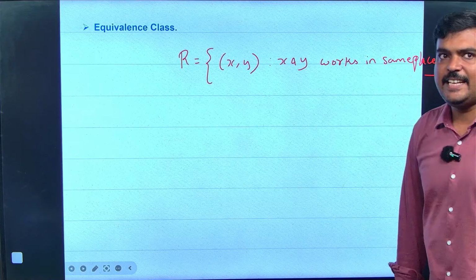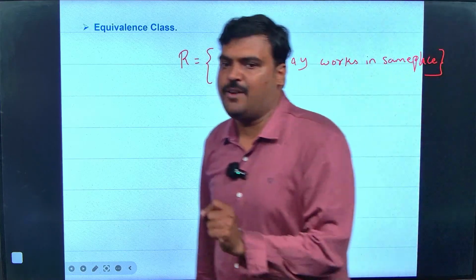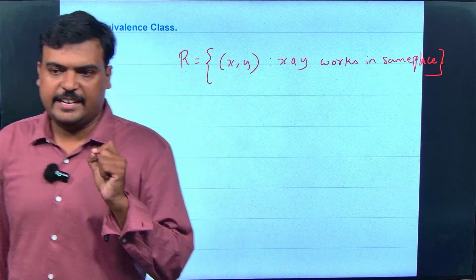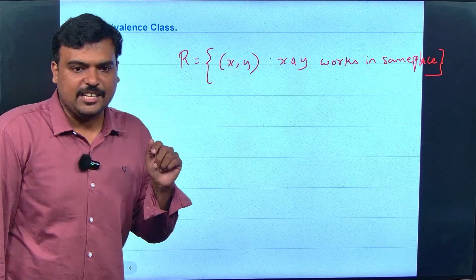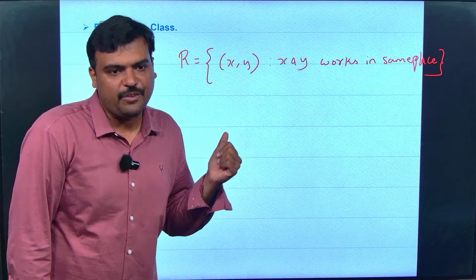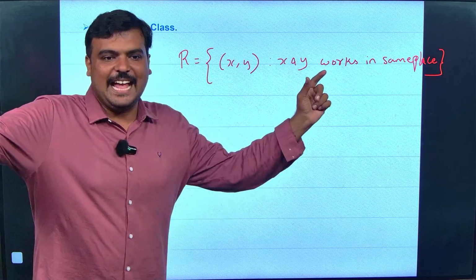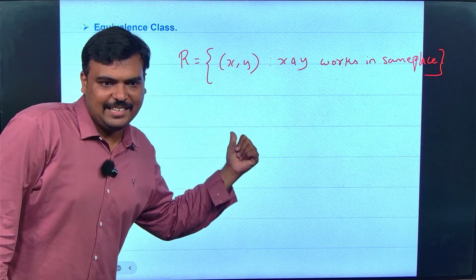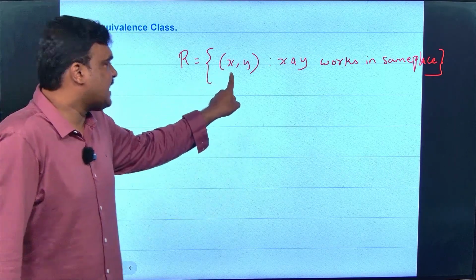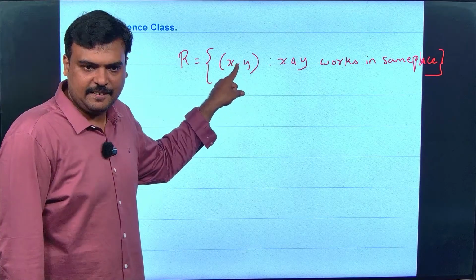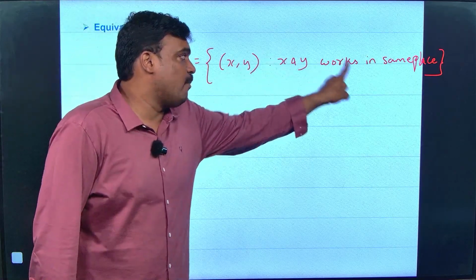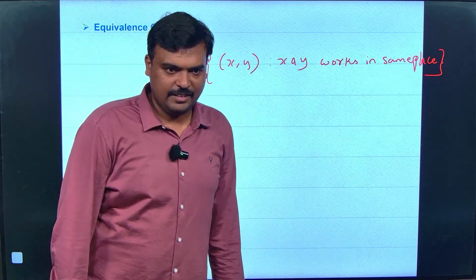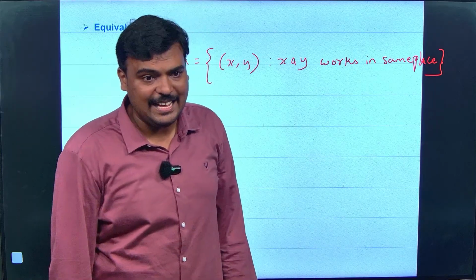Okay, see guys, this is the set builder form of defining a relation. நான் இதுக்கு முன்னாடி எழுதுறதெல்லாம் roster form. I just wrote the elements of the relation. Now this is set builder form of a relation. What it says, (x, y) will become a relation when x, y work in the same place.